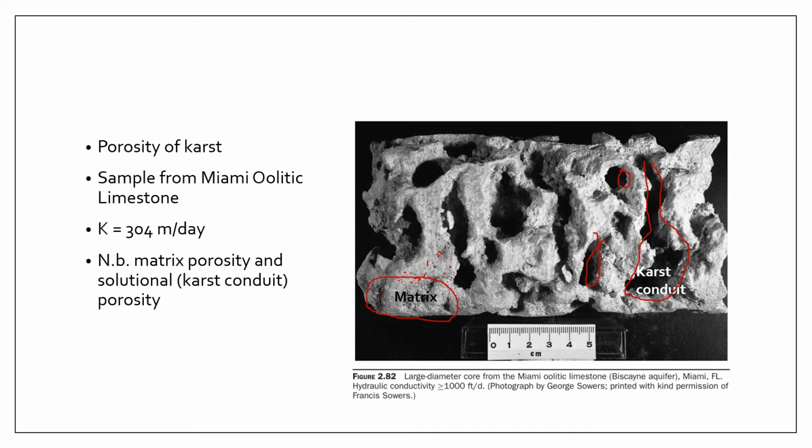This example has a hydraulic conductivity of approximately 304 meters per day. Imagine that, that's a lot when you're talking about groundwater velocity.